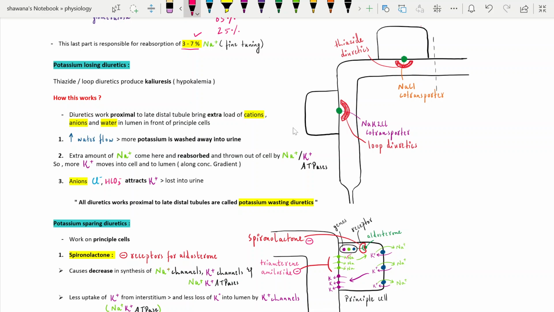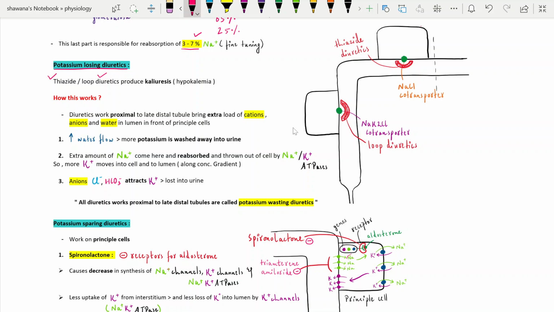Okay, let's talk about the potassium losing diuretics. It means that they will promote more potassium excretion in the urine. Thiazide diuretics and the loop diuretics are both potassium losing diuretics.